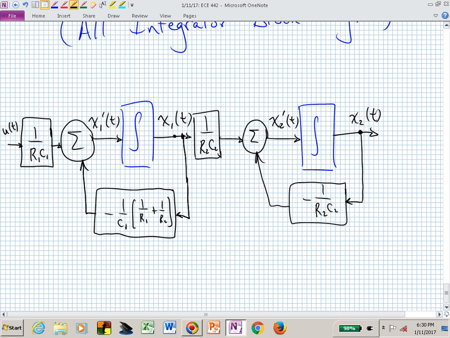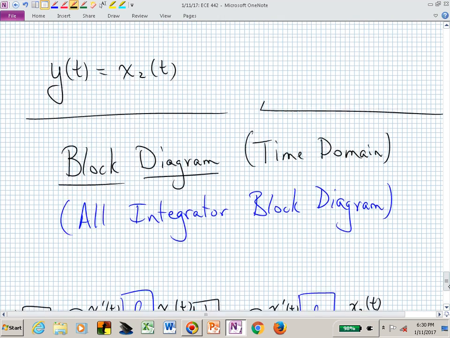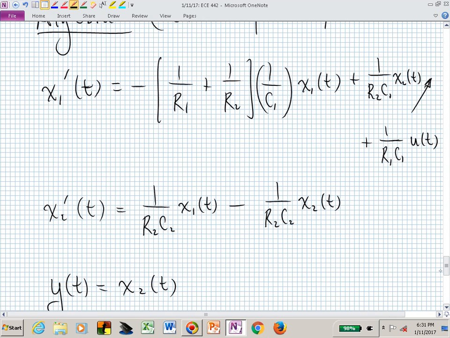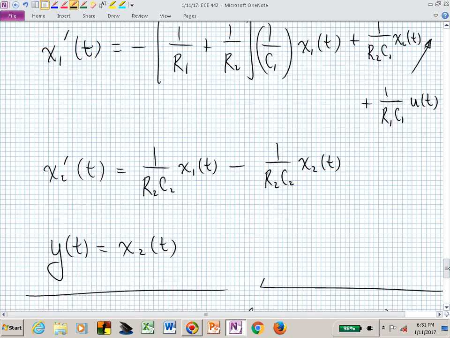So there's the other second signal. And what's our third signal? It now needs to be weighting x sub 2, which is the 1 over r sub 2 c1.